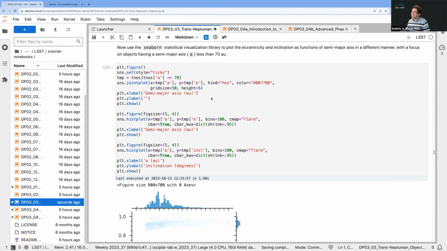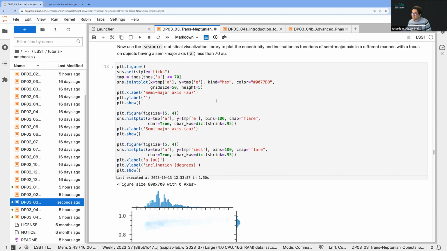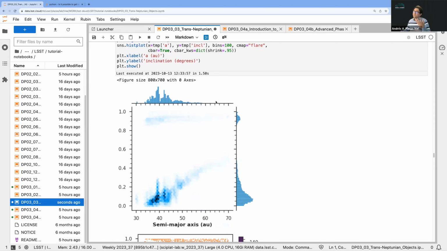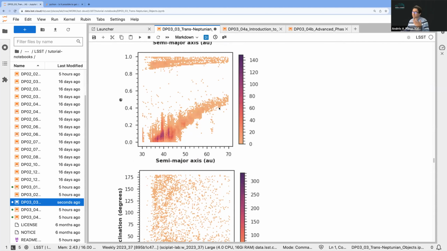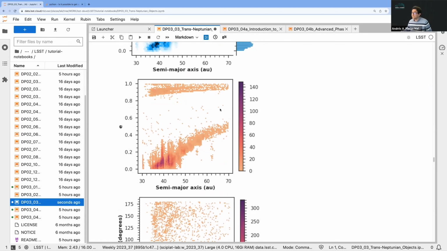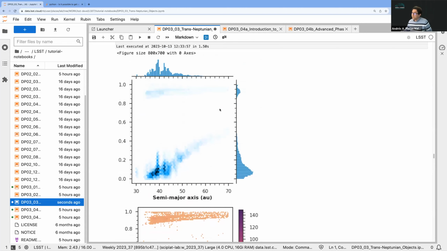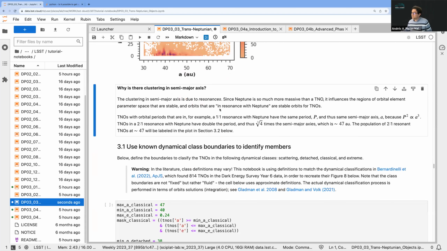This cell was taken from a notebook by Meg Trump that uses the Seaborn statistical visualization library, and you can have a different type of representation of these same parameters. But it's basically the same thing. I just wanted to put it there as an example.